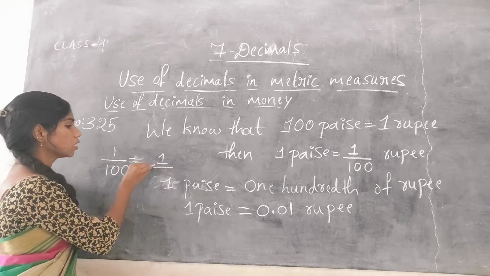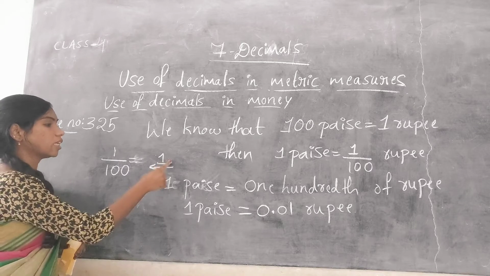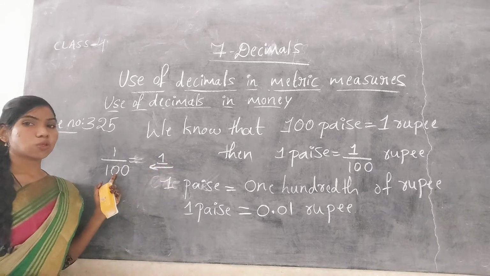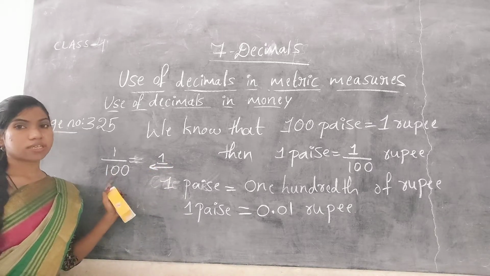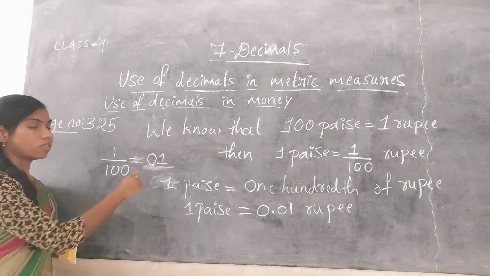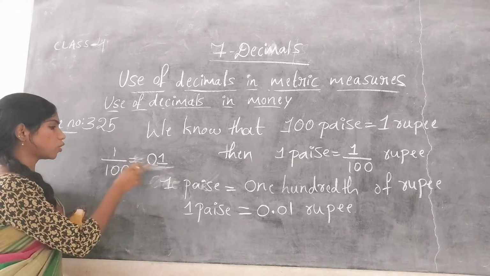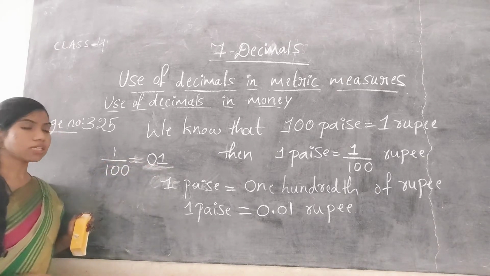From the right side, 1 is only a 1-digit number, so we need 2 digits to put a decimal point. So we can write this 1 as 01 also. 01 or only 1, both are the same.